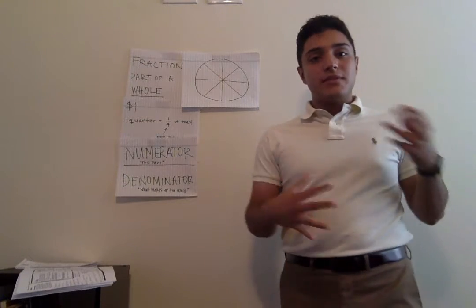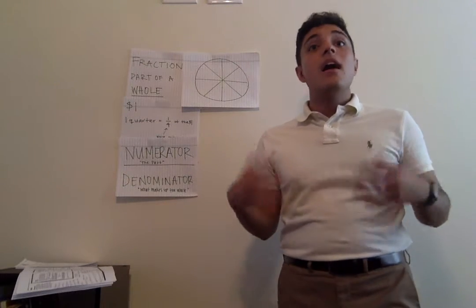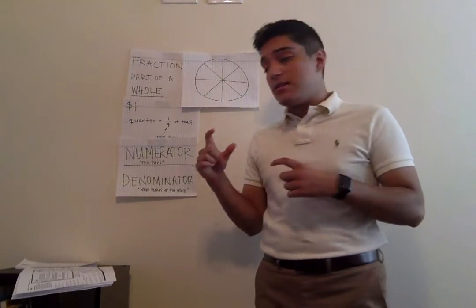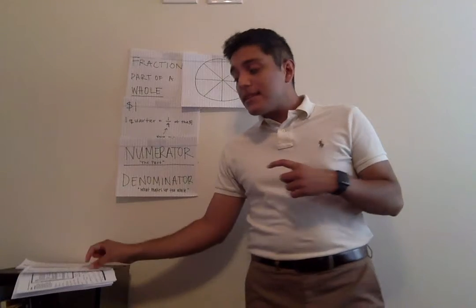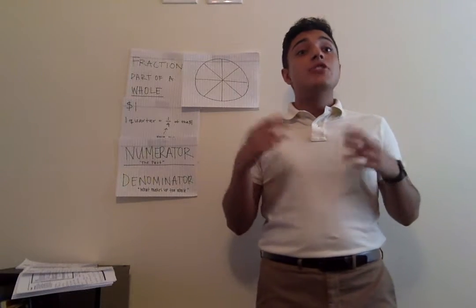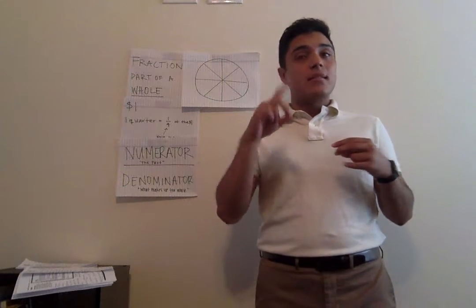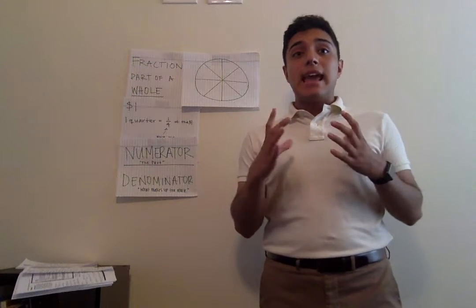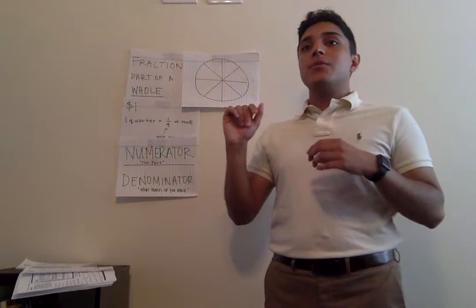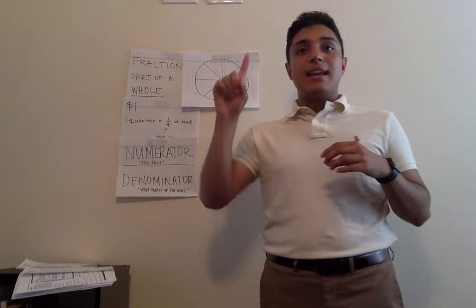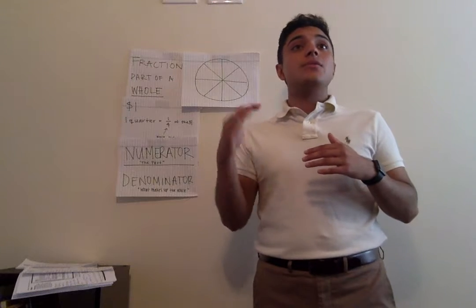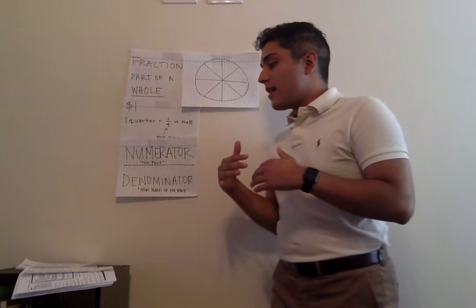How can we reduce that? Awesome. So you find a common factor between the numerator and the denominator. In this case, 2/8, 2 goes into 2 once, so you can replace the 2 with the 1, and then 2 goes into 8 4 times, so you can represent the 8 as a 4. So 2/8 is equal to 1/4.